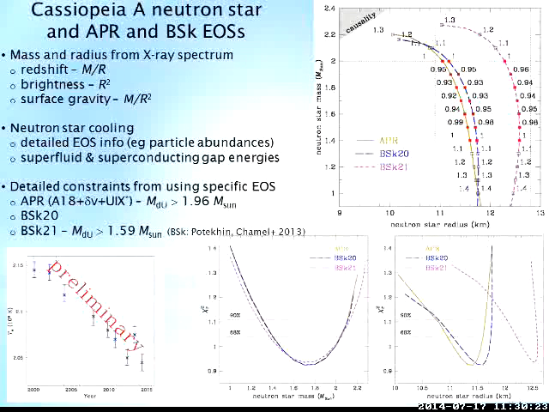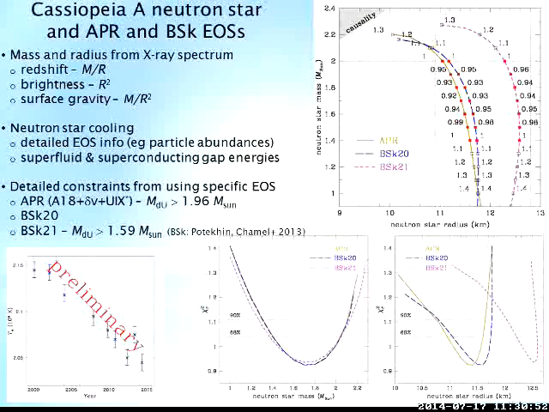I'm just saying for that equation of state, it predicts a mass and radius. Do those mass and radii fit the spectra? Right. And so these lines are the three equations of state, and the numbers are the reduced chi-squares of the fit to the X-ray spectra. And you can see that the best fits I've highlighted here in red.